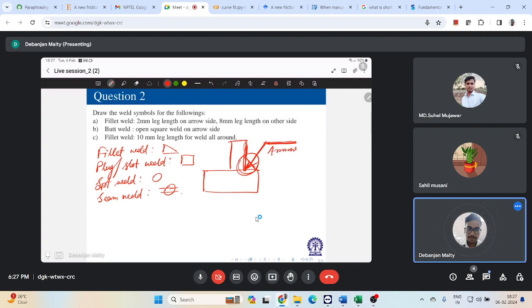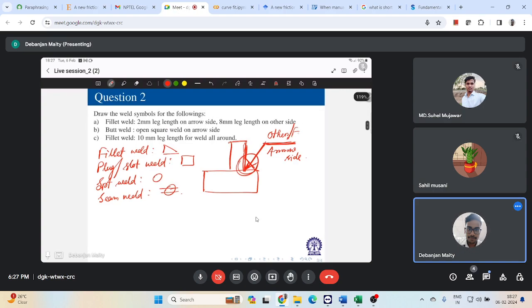So this is the arrow side, and the top part will be the other side or far side. So these are a few things which we need to remember.